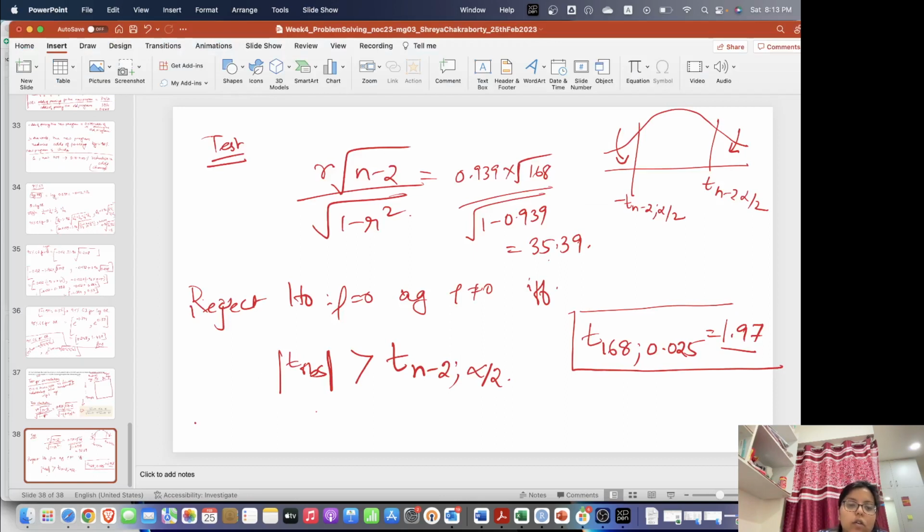And so we are going to reject H naught and conclude that rho is not equal to 0.